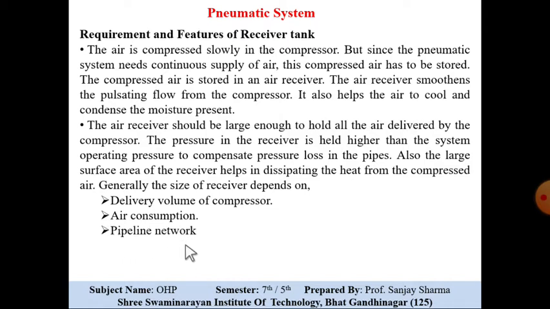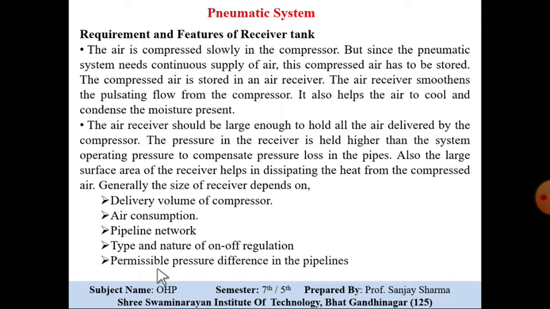If the pipeline network is very small, then less air is required. If the pipeline network is more congested and complicated, more air is required. Fourth is the types and nature of on-off regulation. What kind of on-off regulation is there also matters. So this is how the selection of the receiver tank depends. These are the 4 different points.